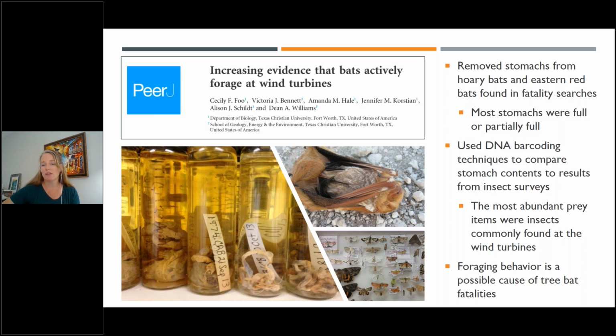They then used DNA barcoding techniques to compare the prey items in the stomach contents of these bats to results from insect surveys at the wind turbines. And what they found is that the most abundant prey items in the stomachs of these bats were the insects that were commonly found at wind turbines. And so they concluded that foraging behavior is also a possible cause of tree bat fatalities. So these different causes obviously are not mutually exclusive.